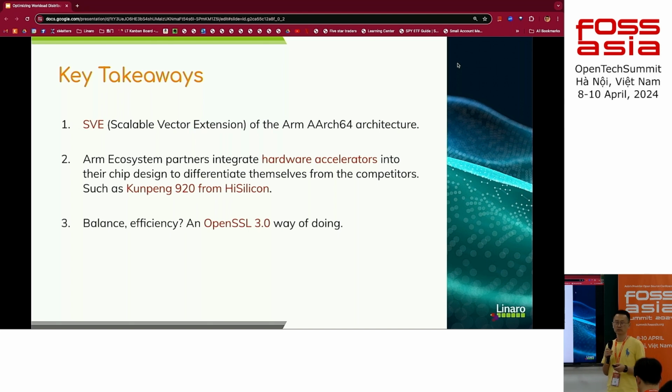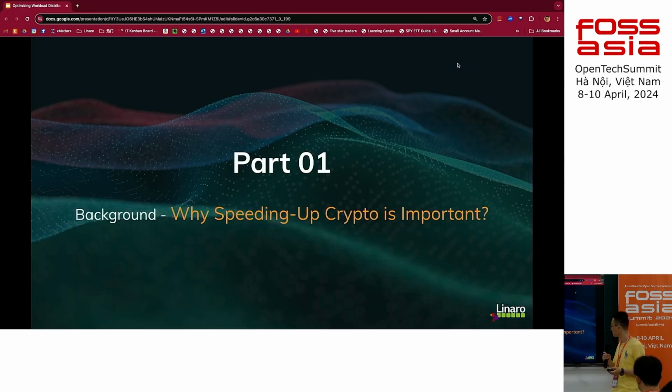In this session, if you get to learn something about SVE or hardware accelerators or OpenSSL, I will feel better if that can help you.